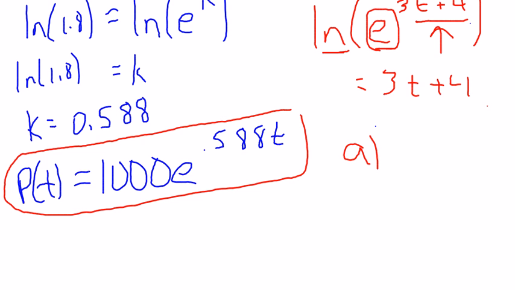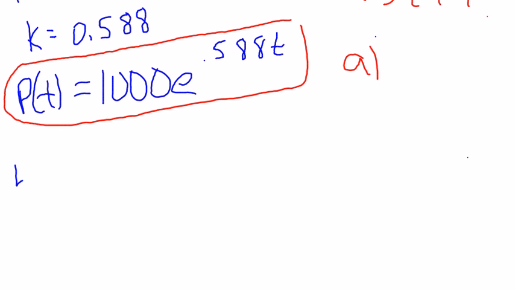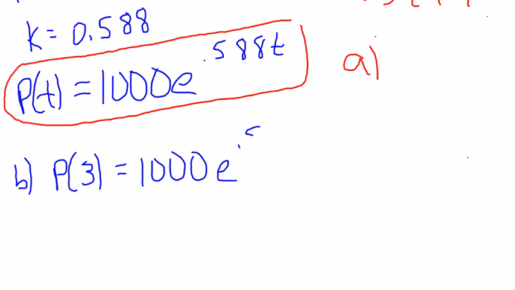Okay, now I'm going to do part B. Part B is really, really easy. What's the size of the colony after 3 days? So, days is time. I want to find P of 3. That's my input, 3. So it's 1,000 e to the 0.588 times 3.